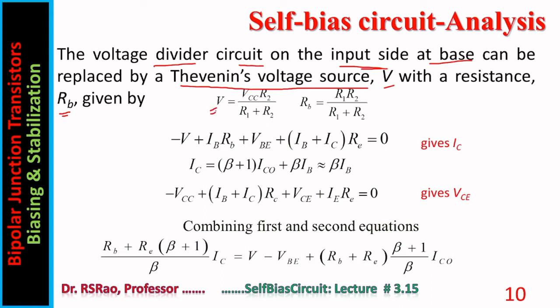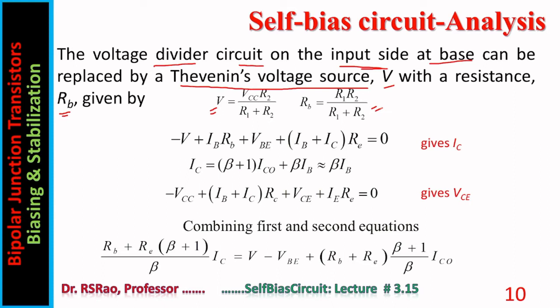V is equal to VCC R2 by R1 plus R2. RB is equal to R1 R2 by R1 plus R2. This part we have already touched upon in the present session itself.